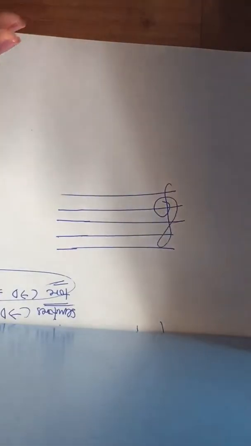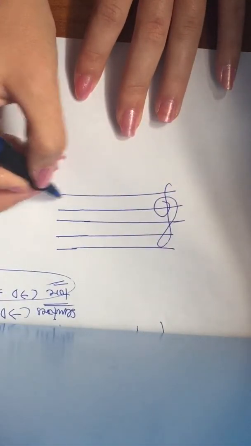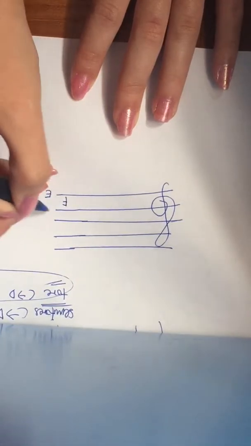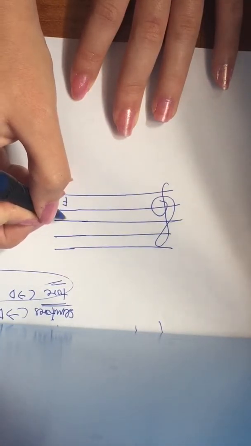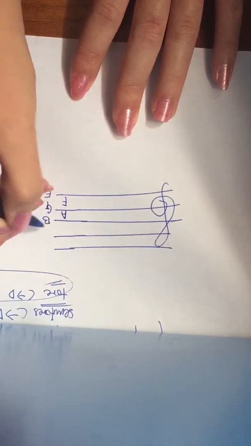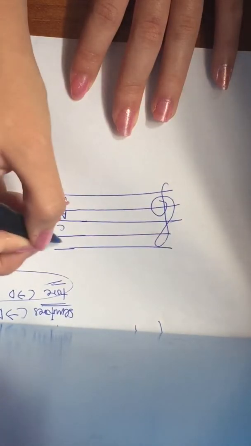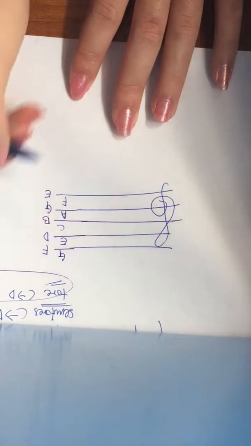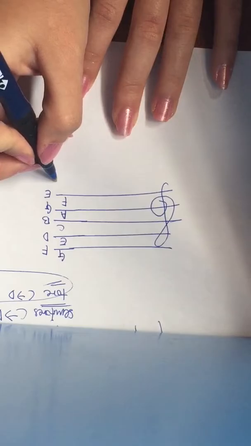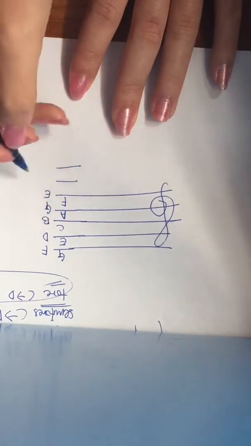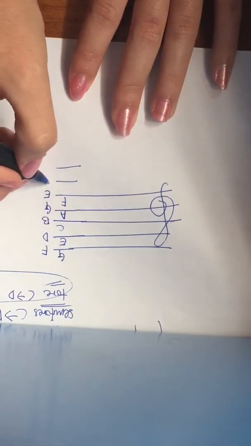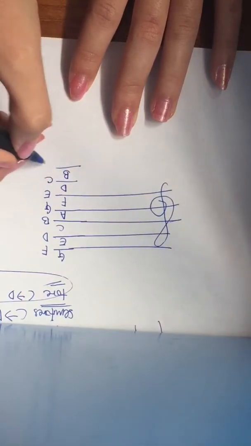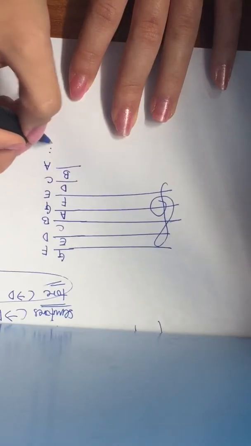So this is our E, in the space is an F, and the line is a G, space A, line B, space C, line D, space E, line F, space is a G. And when you extrapolate it down, there's also a space which is D, line C, space B, line A.